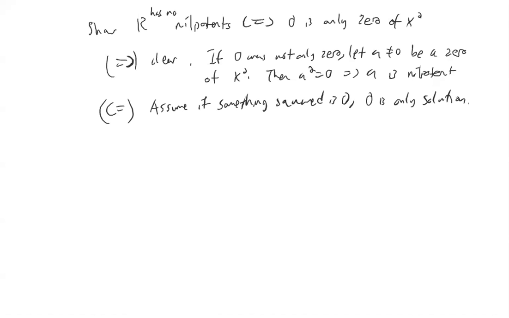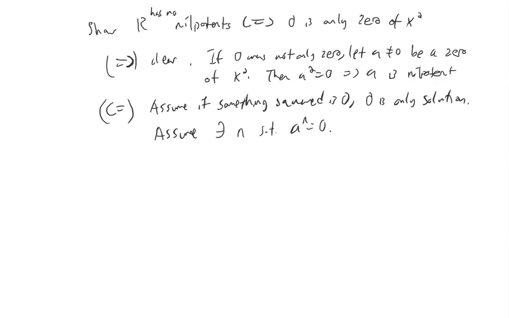So now, before I continue, let's work with powers of 2. Is this case clear if n was a power of 2? So assume there exists n such that a to the n is 0, right?